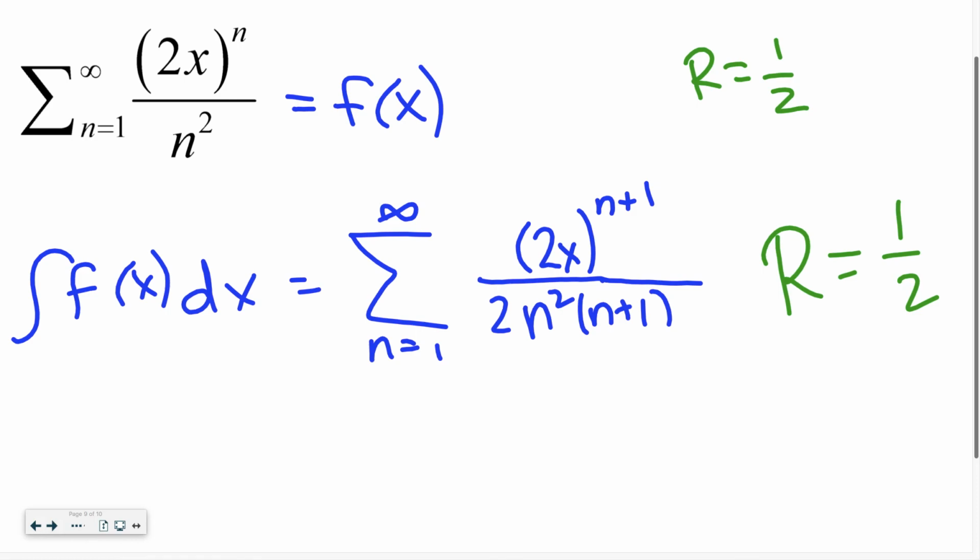Negative one. Well, that was nice. I didn't have to do a lot of rearranging. It's an alternating series. Does it have a limit of 0 and is it decreasing? Oh yeah.